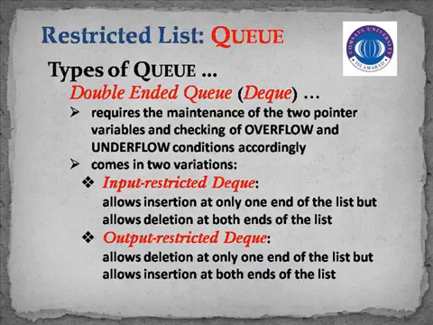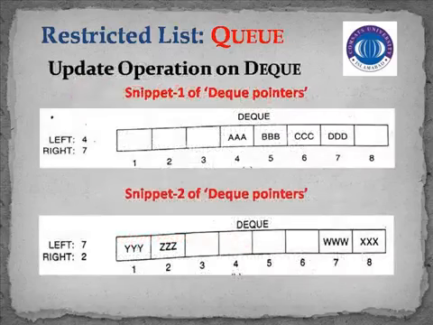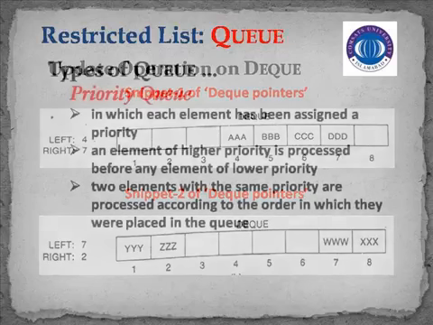The second is output restricted Deque, which permits deletion at only one end of the list but allows insertion at both ends of the list. Dear viewers, this slide depicts the Deque pointers and their positions after being maintained in both cases.